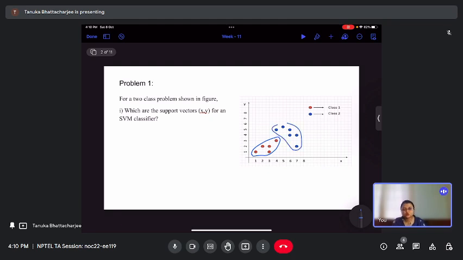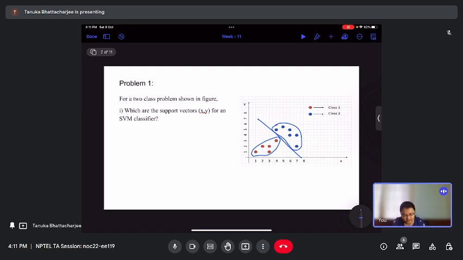For you to separate the two classes, the decision boundary should pass between these two somewhere at some orientation. It should pass between the two classes so that it can separate the two. Now, if it passes through such a region, you can see that, first, let us see the red class.